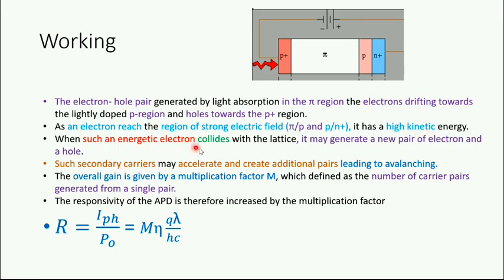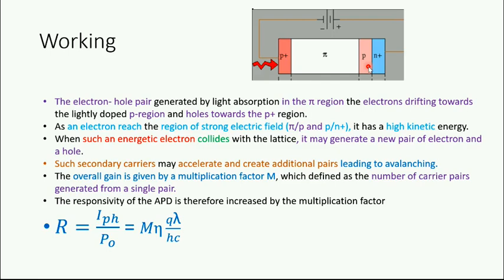So when such electrons collide with the lattice structure, with the immobile charges, that creates additional electron hole pairs. I repeat, the high speed electrons and holes generated by the PN action, because of the high electric field, collide with the immobile carriers and generate more electron hole pairs.